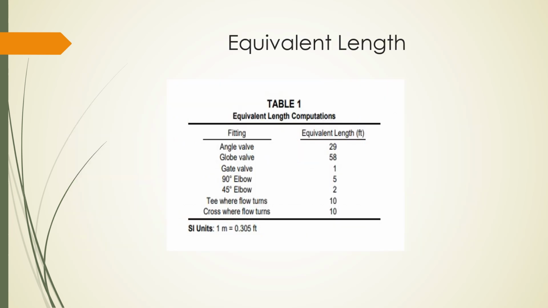In that document, you'll see in Table 1 the equivalent length for fittings. So for instance, that angle valve that we saw in the prior slide has an equivalent length of 29 feet. The elbows and the 45s have a respective equivalent length of 5 and 2 feet. So we're going to use that information for the graph that's coming up.